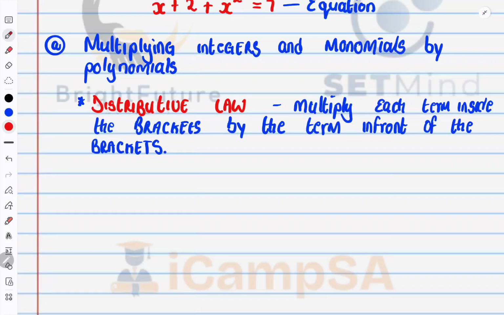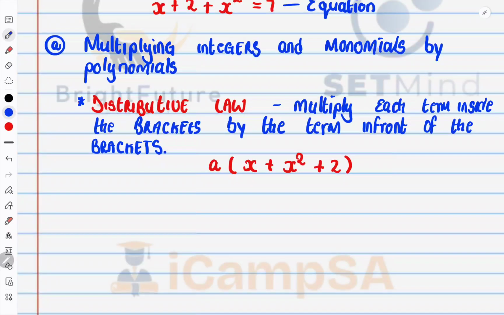Let's say we're given an expression of a into x plus x squared plus 2, and then we are multiplying this expression.